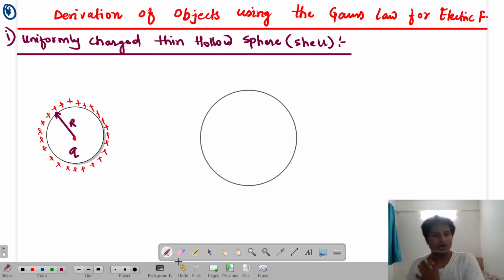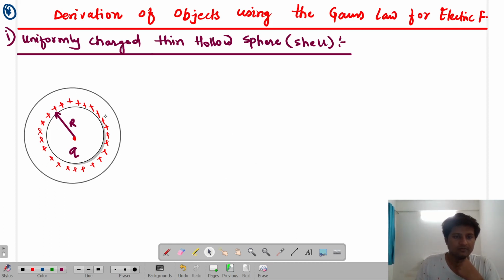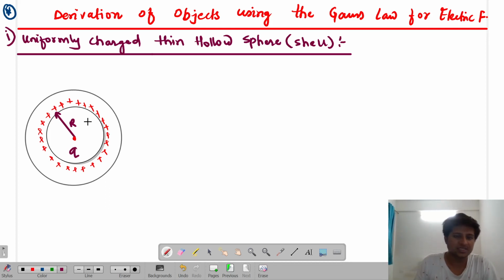ठीक, अब look over here. I want to find the electric field at some place due to this charge. For this shell there are basically three regions. One, lying outside, at some distance small r.